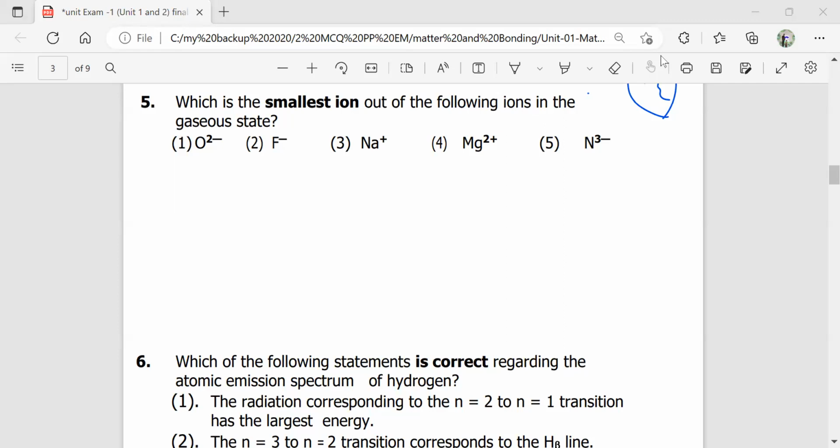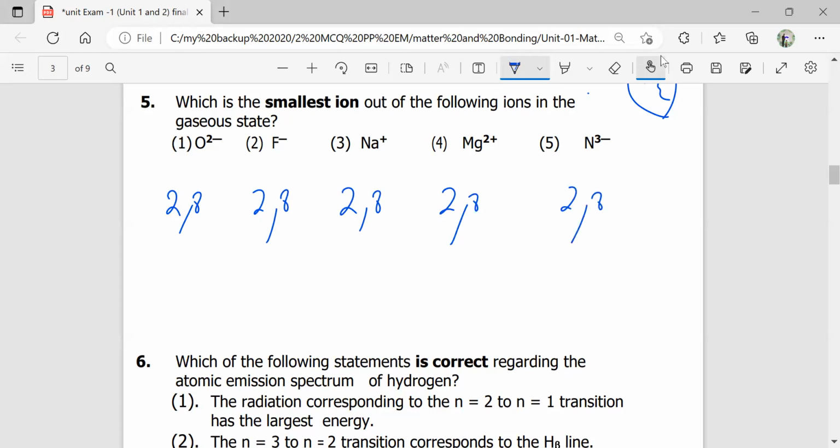Okay, which is the smallest ion out of the following ions in the gaseous state? Actually, we have a clear picture. Cations are smaller than anions, right? There are two cations. If you consider the electron configuration, all are the same, so we call them isoelectronic.